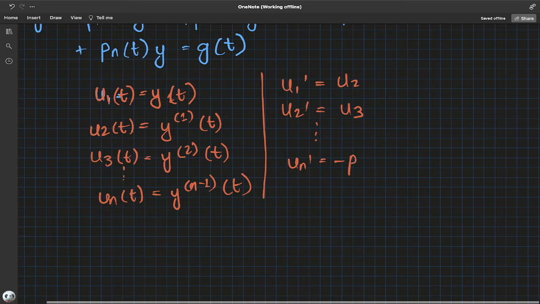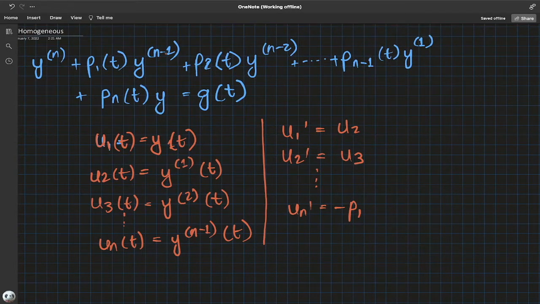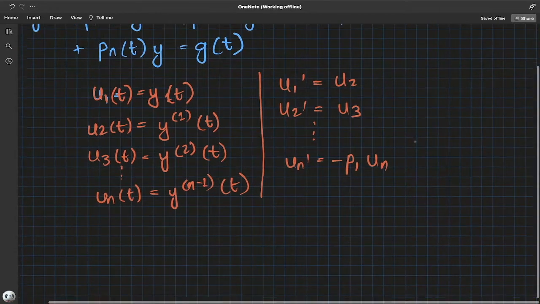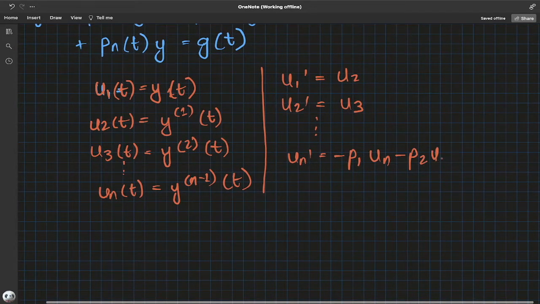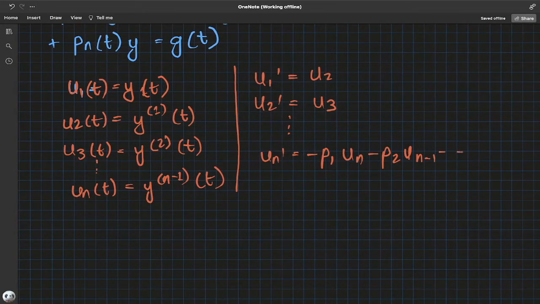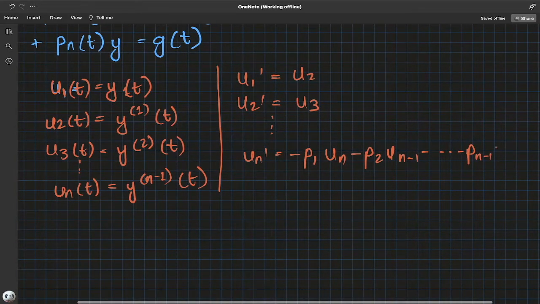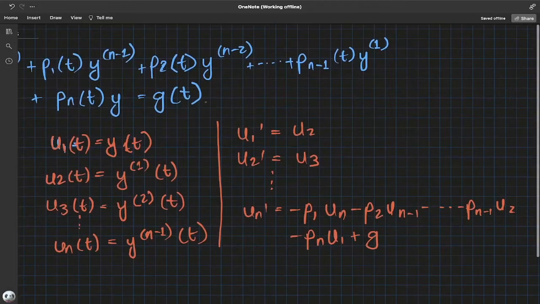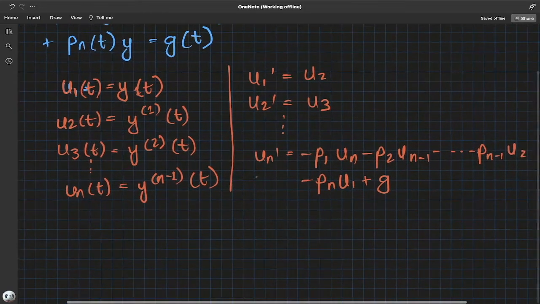So you have negative p1, n minus first derivative, that's just un, minus p2, n minus 1, minus dot dot dot, pn minus 1, u2, pn u1, but this time we also need to tag along this g of t factor, which I'll just write as G.